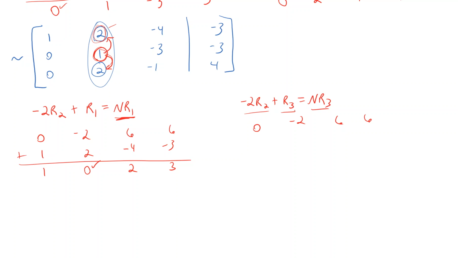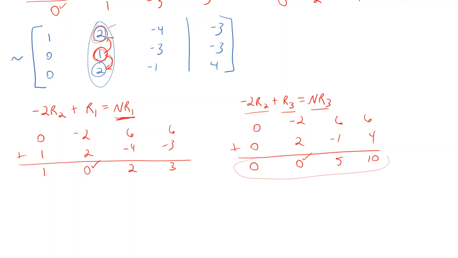And then let's copy row 3, which is down here. 0, 2, negative 1, 4. Adding those together, I get 0, 0. So there's my 0 that I was trying to create. 5, 10. Okay? Now, every row represents an equation.